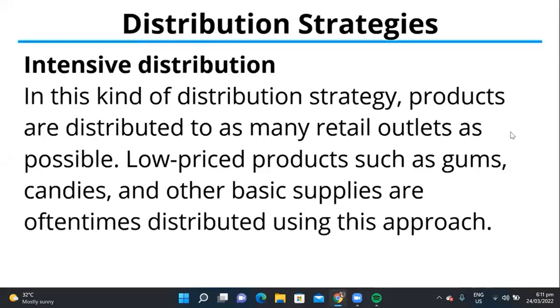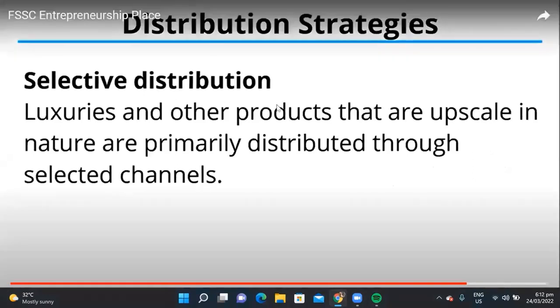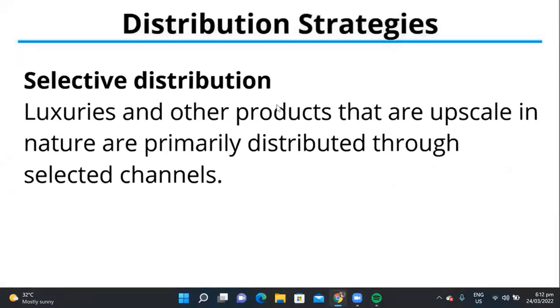Intensive distribution. In this kind of distribution strategy, products are distributed to as many retail outlets as possible. Low-priced products such as gums, candies, and other basic supplies are oftentimes distributed using this approach. Next is selective distribution. Luxuries and other products that are upscale in nature are primarily distributed through these selected channels.